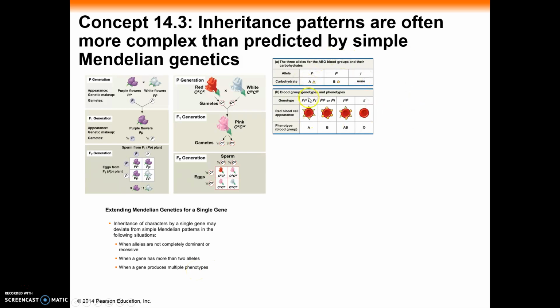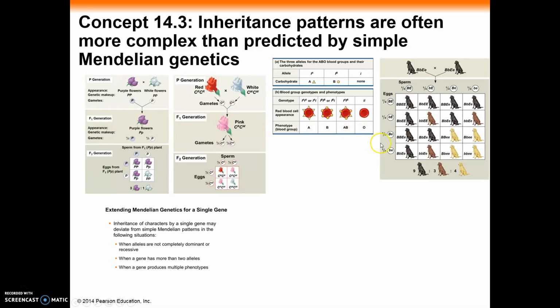So we gave you an example here of blood type. Here we have multiple alleles, and 2 of these happen to be codominant. So this combination of 3 actually gives us 4 different phenotypes. We could have A, B, or O. We gave you the example of epistasis, where we have one gene controlling another.